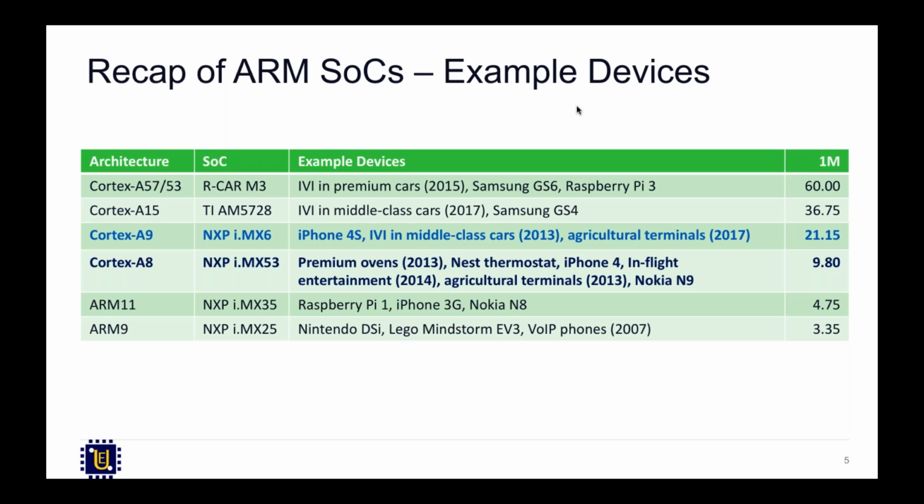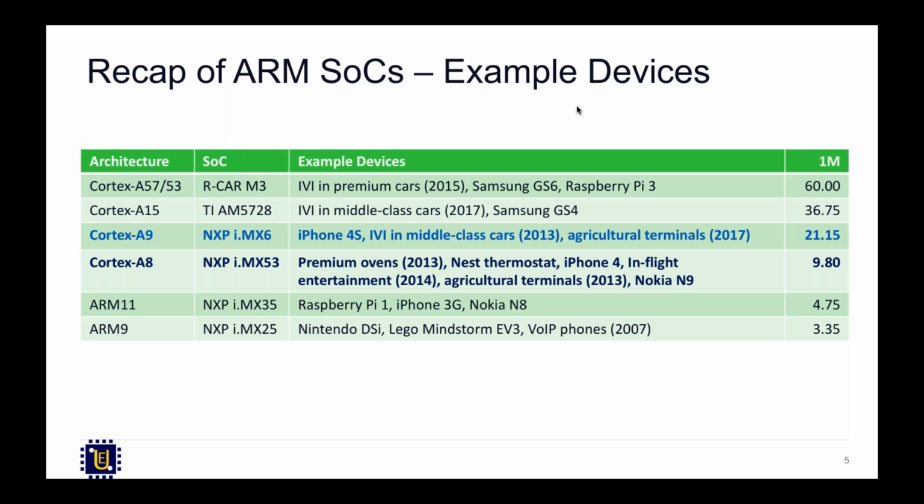By now, well, they use more powerful and more expensive things. And you find it in the state-of-the-art agricultural terminals for tractors and harvesters in 2017. So they move much slower than the car industry or the mobile phone industry. And you're looking at something like 21 euros there.